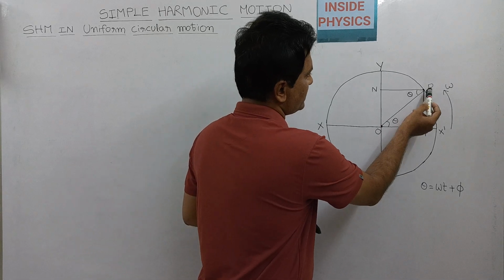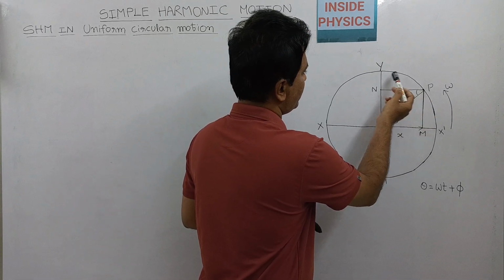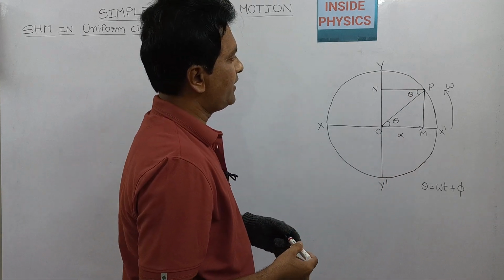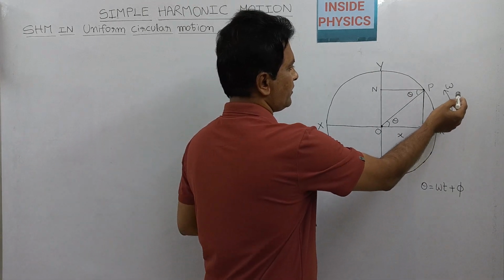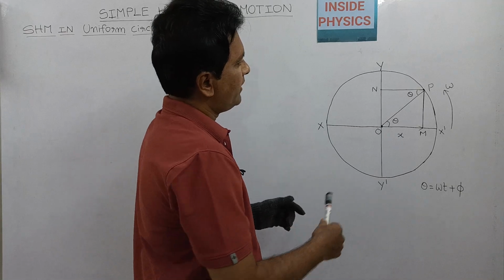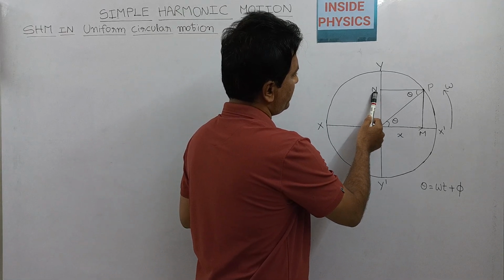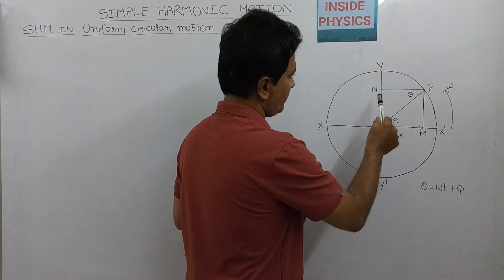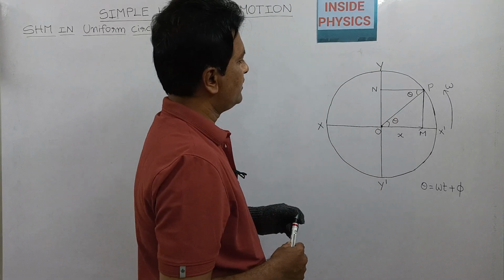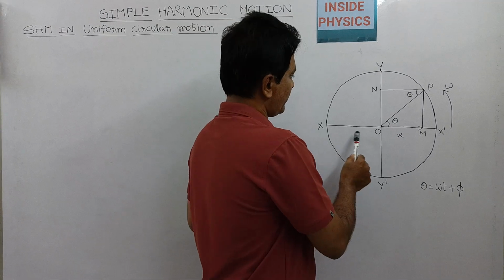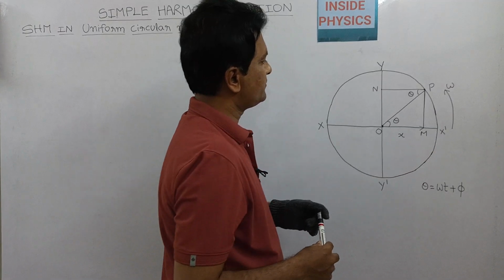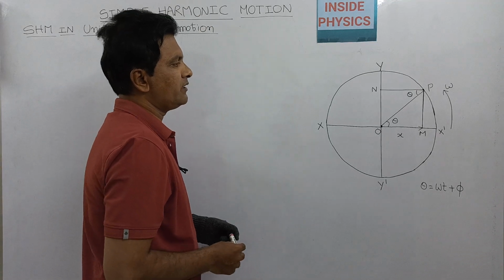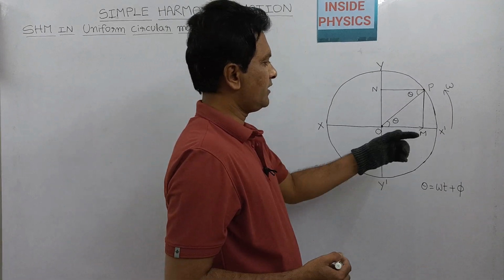So, this P is the particle which is moving in uniform circular motion anti-clockwise with angular velocity omega, and this N is the foot of the perpendicular drawn to this diameter Y dash. This is another diameter X O X dash. So these are the two mutually perpendicular diameters in this circle.